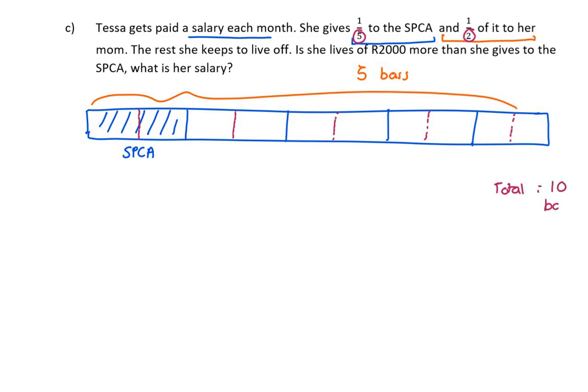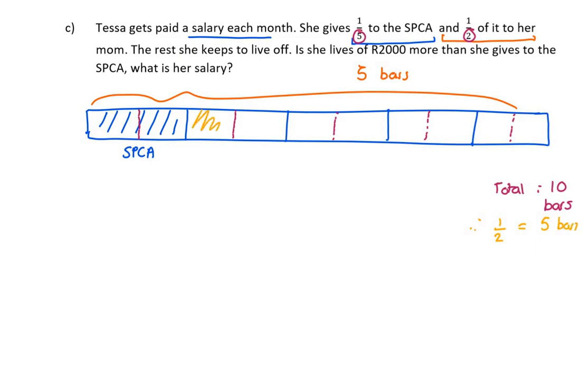Now, if she donated half of these bars, she would have donated 5. So half would equal 5 bars.